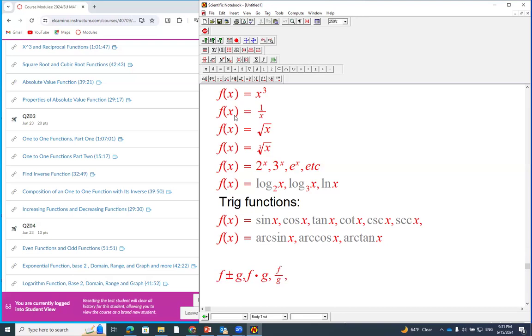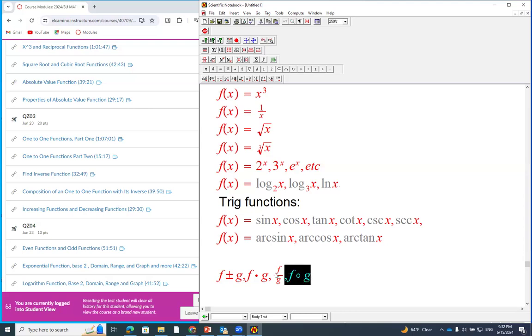And what else is there? Another very important topic is f composite g. And this is a big topic for your calculus classes, because you're going to see a lot of composition of these functions.